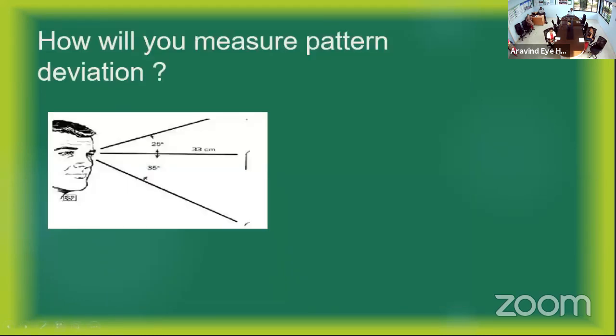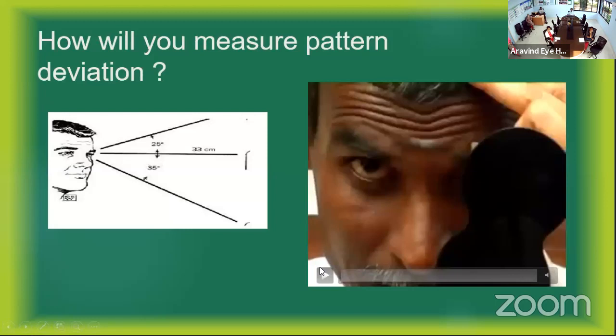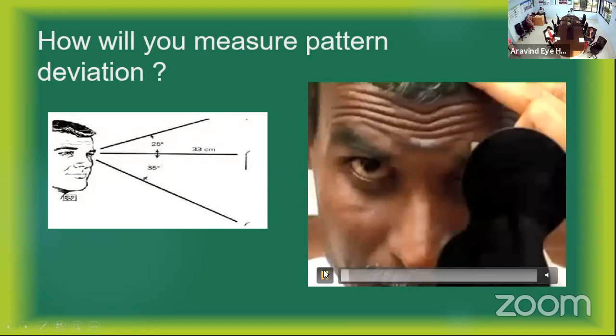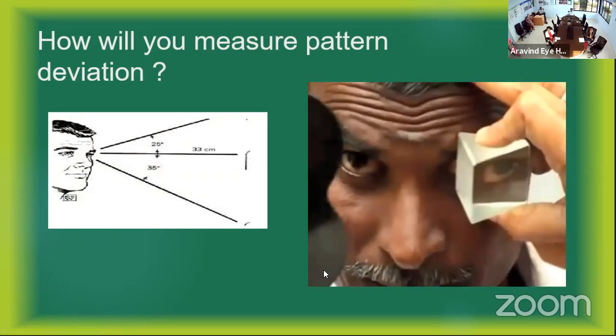So how will you measure the pattern deviation? Though it is very easily seen that you measure the up gaze deviation, you measure the down gaze deviation, how do we actually do it? This slide video will let you know how we do it. For measuring the up gaze, we make the patient chin down and then we place the prisms to measure the deviation.